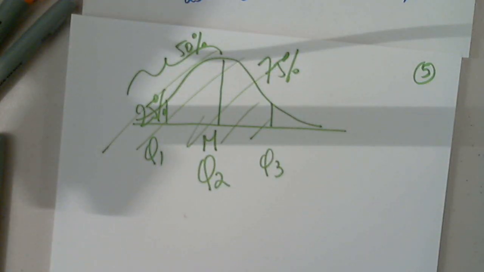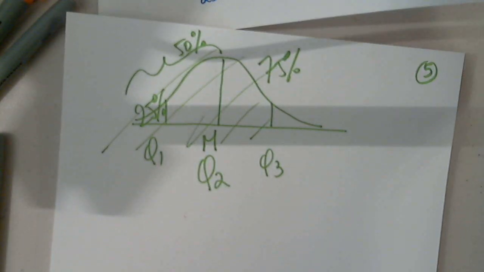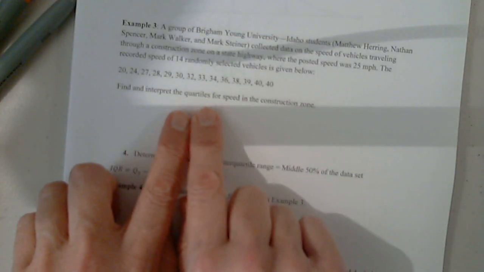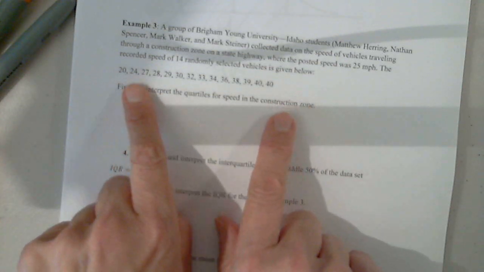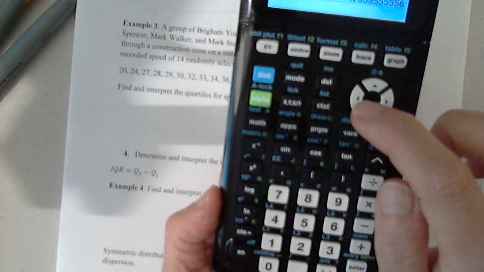Okay, so here's our first example of the day, an actual example. Let's enter it in both if you'd like. We're asked to determine and interpret the quartiles, and this is the setup. So this is our data set. Let's enter it in the graphing calculator this time. Let me refresh our memory how to do it.